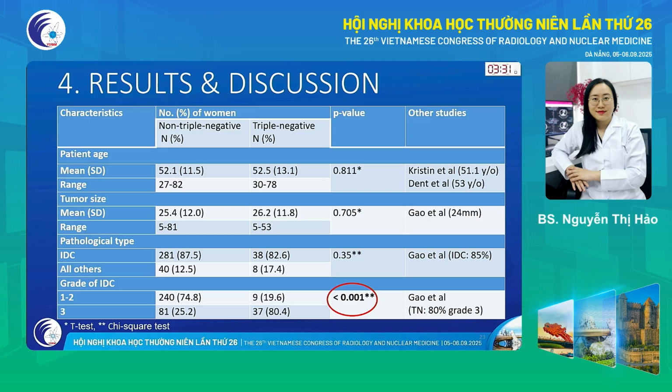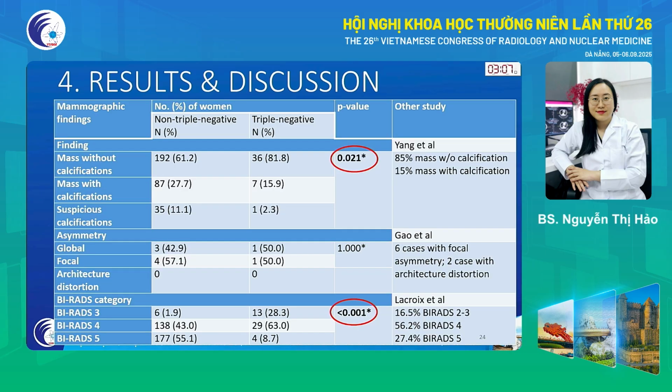Pathology type was quite similar between two groups, with invasive ductal carcinoma the most common. And about the grade of invasive ductal carcinoma in the two groups, you can see here that in triple negative, grade 3 is more than 80%, but in non-triple negative, it's only 25.2%. This result was a statistical difference between two groups.